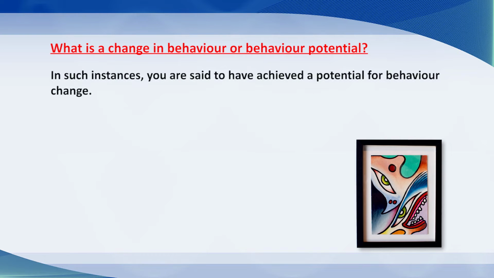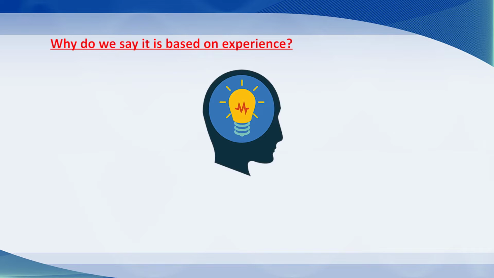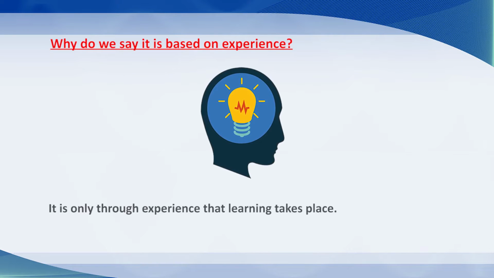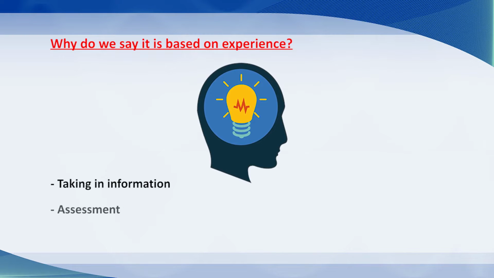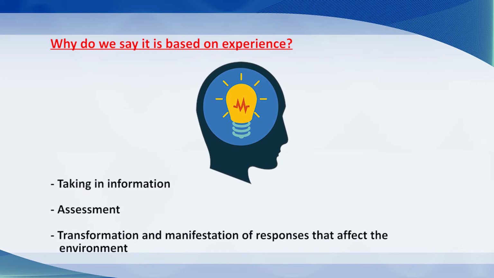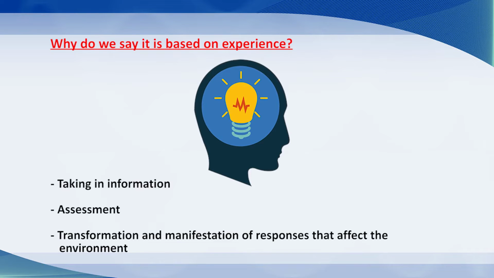In such instances, you are said to have achieved a potential for behavior change. Now, why do we say it is based on experience? Remember, it is only through experience that learning can take place. Experience includes taking in information, assessment, transformation, and manifestation of responses that affect the environment.